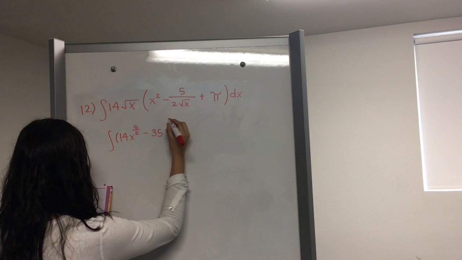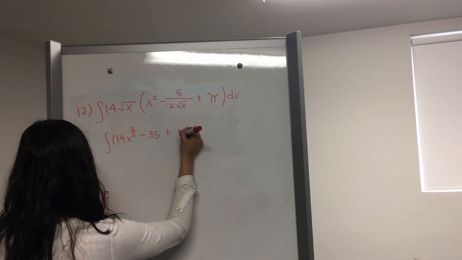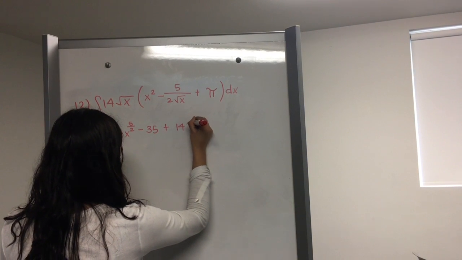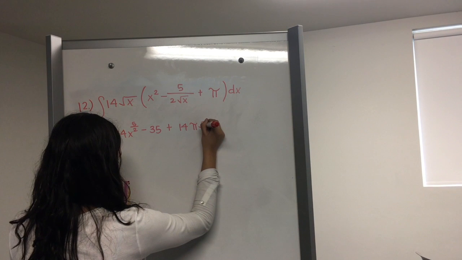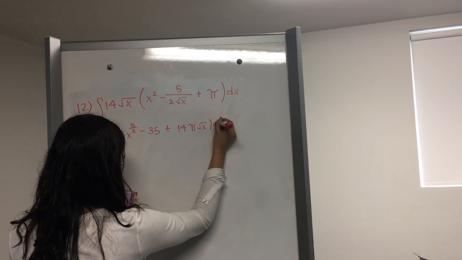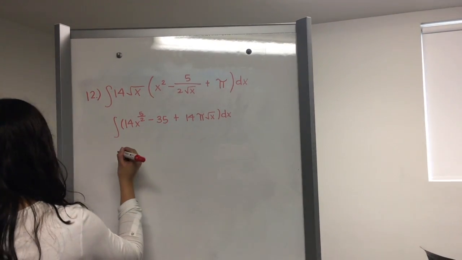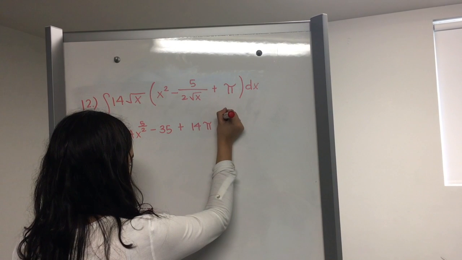14x to the 5 over 2, and then we will do the same thing, and it will give us the following: negative 35 plus 14 pi square root of x all times dx. So square root of x is x to the 1/2.